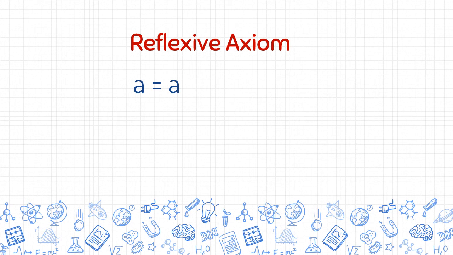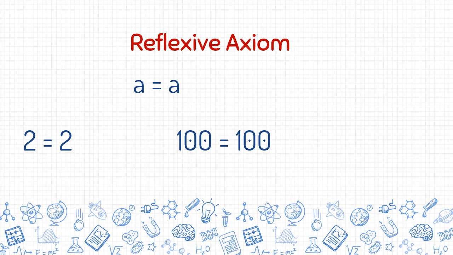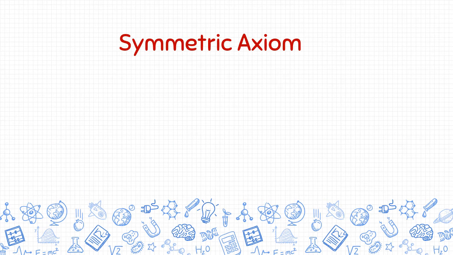Next is the reflexive axiom. So A is equal to A is an example of reflexive axiom. Another one, we have 2 is equal to 2, 100 is equal to 100, and 18 is equal to 18. So next, we have symmetric axiom.